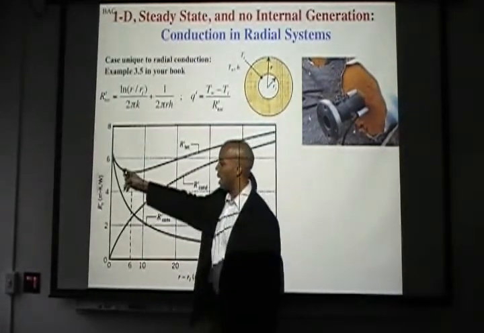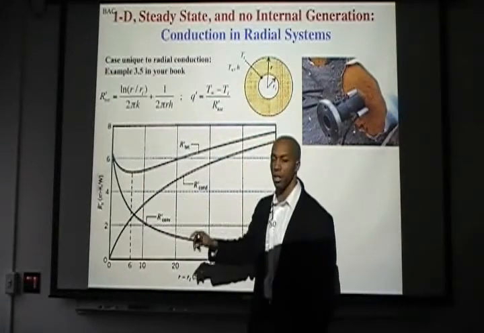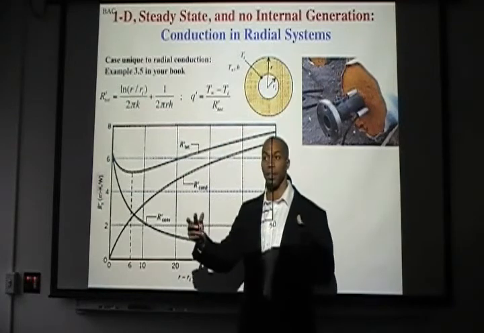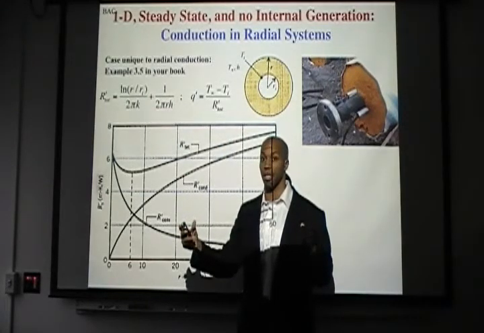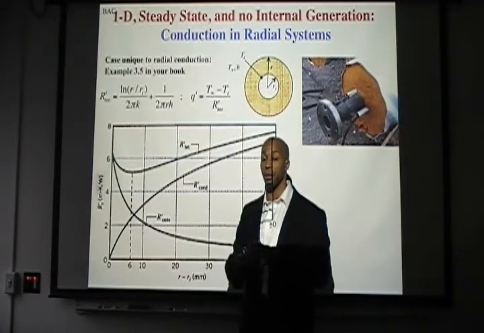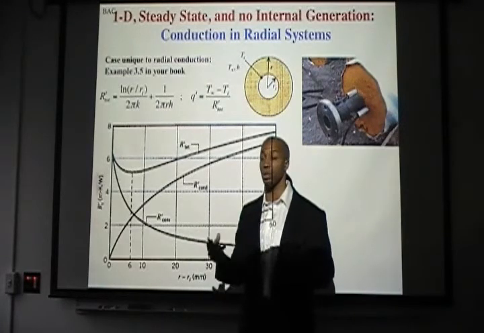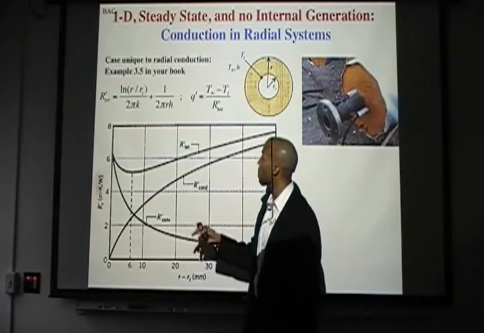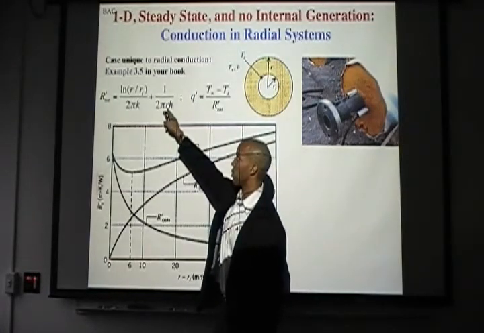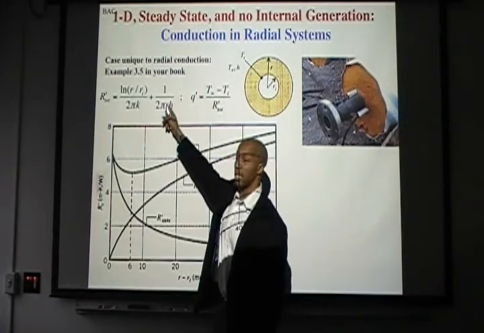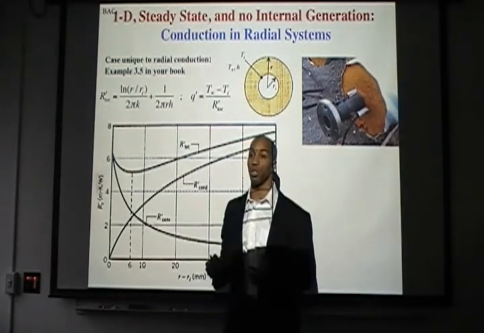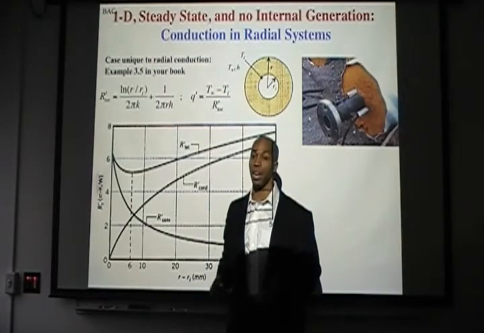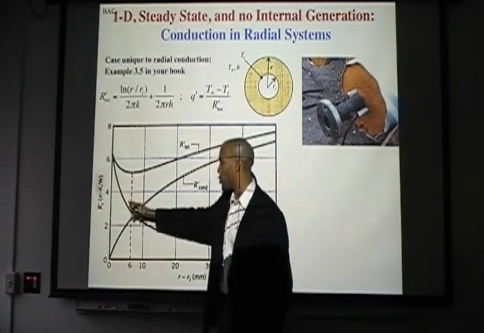If we have convection on the outside of a cylindrical surface, as the area of the cylinder increases, the amount of convected heat will increase as well, because we have more surface area available for convection. So as this radius goes up, this resistance to convective heat transfer drops. Otherwise stated, the convective heat transfer rate increases. So that's shown here on this curve.